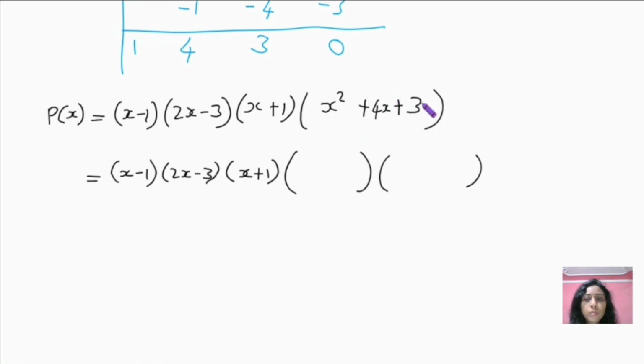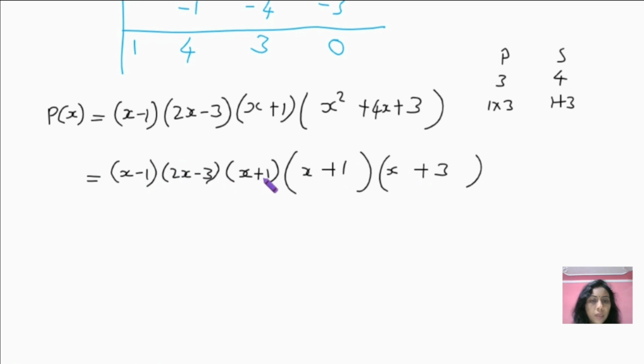Okay, so here product is, I'm writing p, product is 3 and sum is 4. So here 1 times 3 and 1 plus 3 is 4. So our choices are plus 1 plus 3.